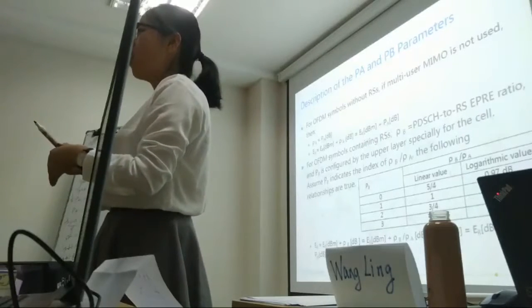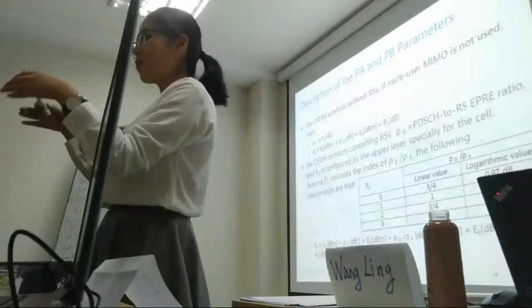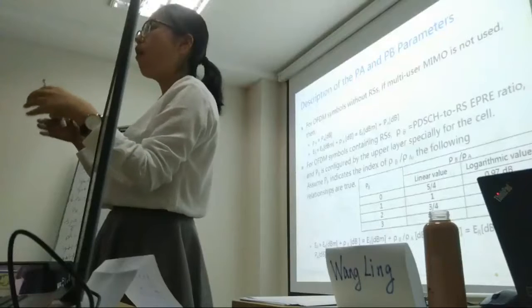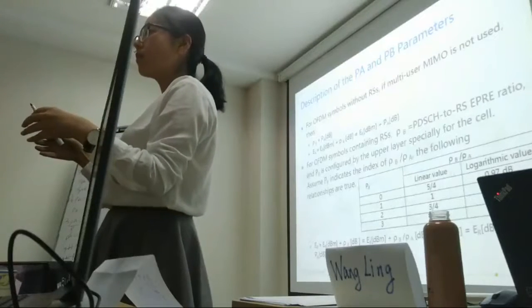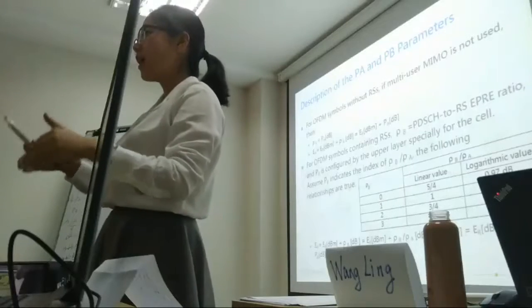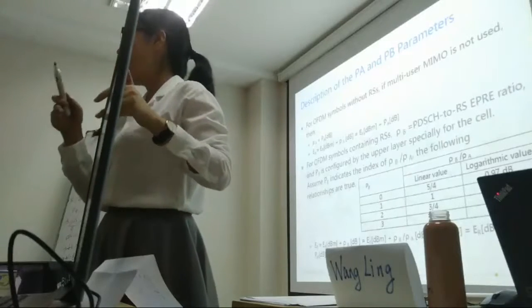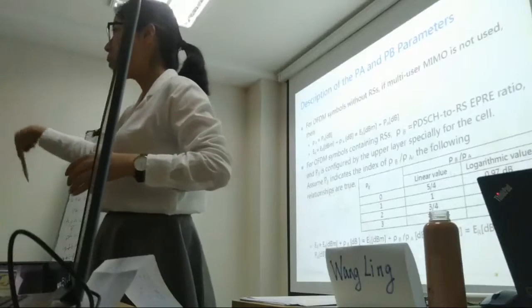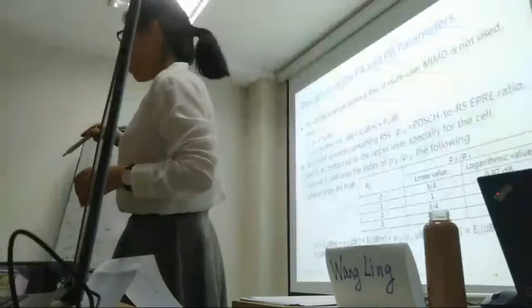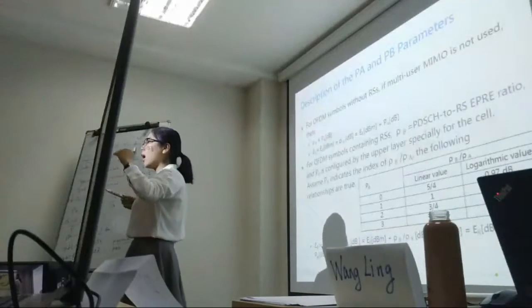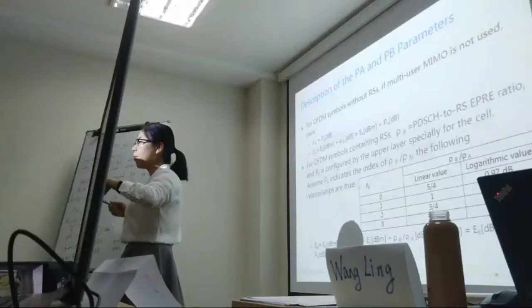So if you set the RS power larger, that means you need to set the data RE smaller, because I just want to extend my coverage. So PA decides the RS power and the RE power.